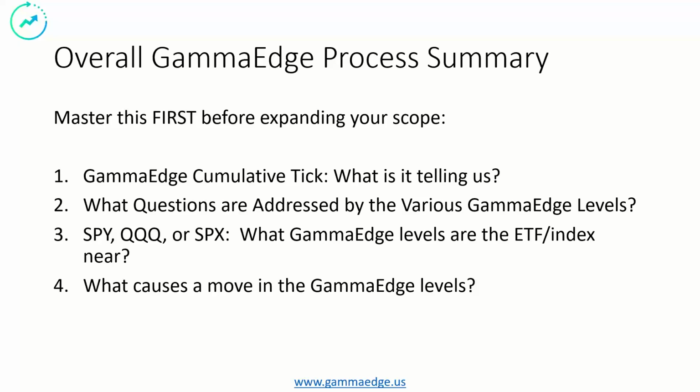Again, what are those large levels where we anticipate some type of price reaction and there's more liquidity there? Are there calls? Are there puts? What does that structure look like? And you're able to participate and put risk-reward trades on. What causes a move in the GammaEdge levels? Again, understanding what is happening and what is occurring.